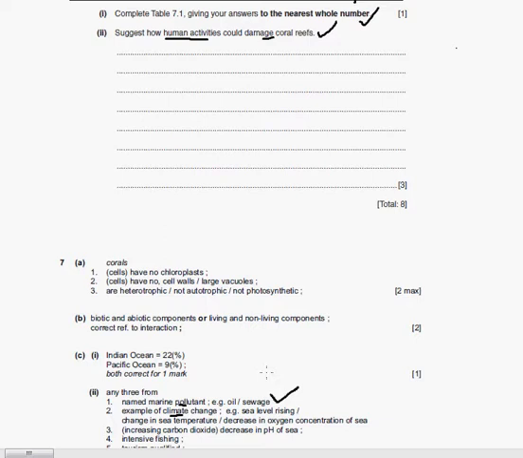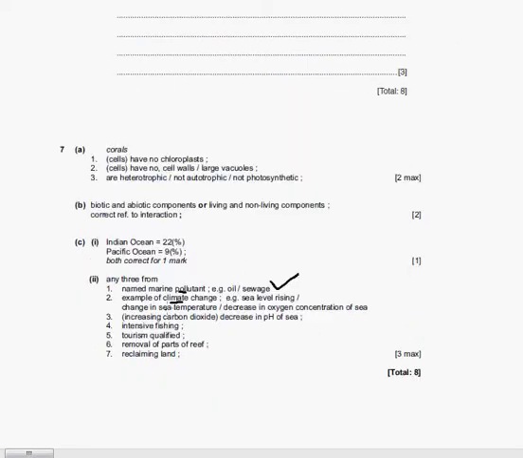From cutting down more trees and so on, right? So that's how climatic change is an impact of human activity. Obviously, if there is climatic change, there is sea level rising, change in sea temperature, and decrease in oxygen concentration of the sea, which will cause problems for corals.